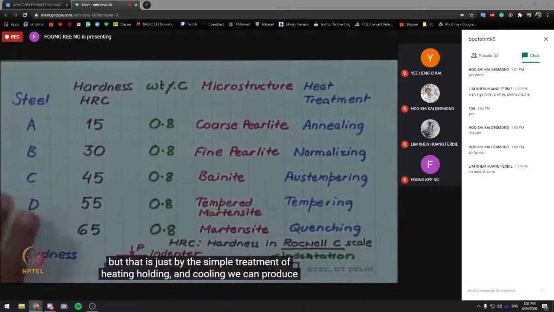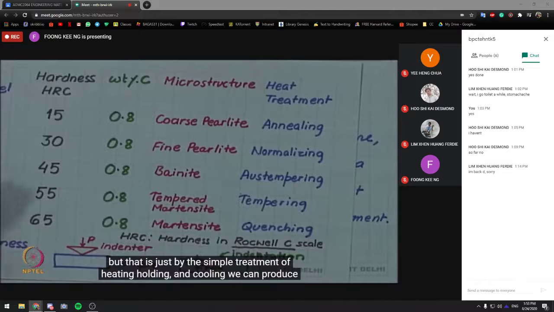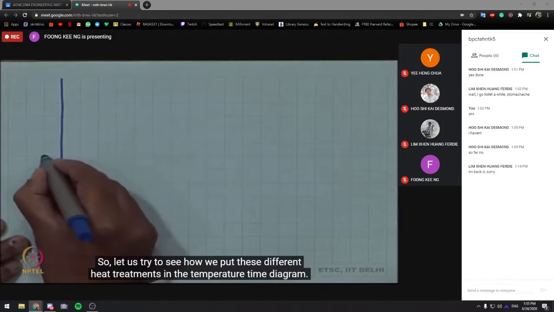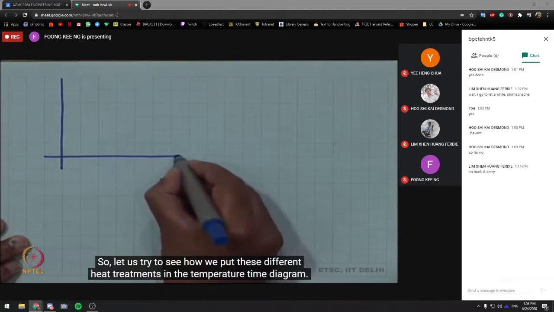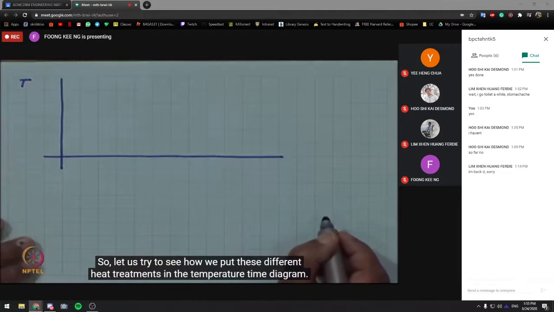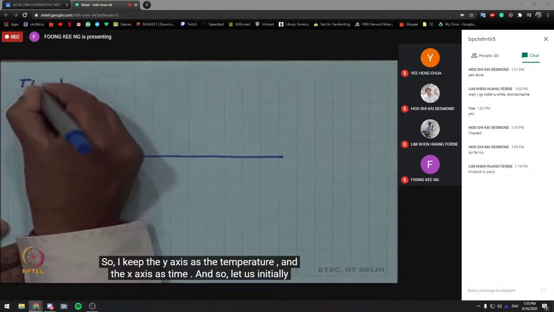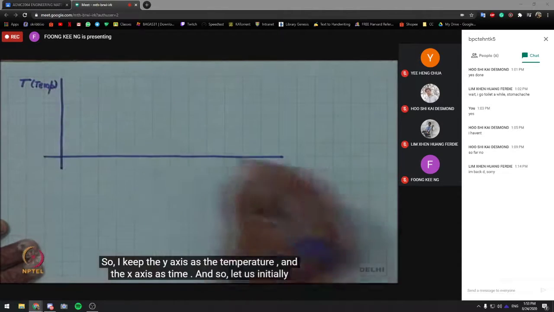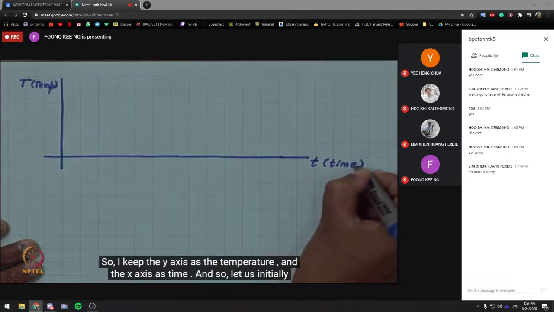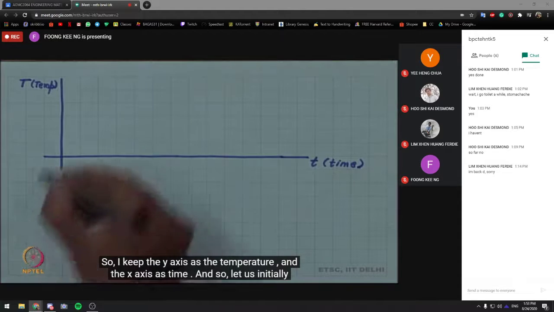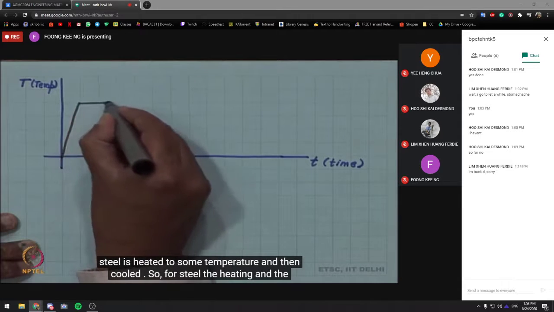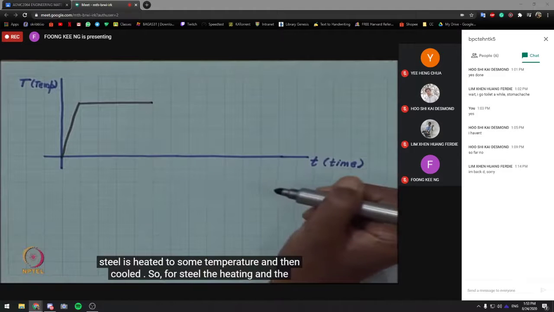So you can see, thus just by the simple treatment of heating, holding, and cooling, we can produce different microstructures and different properties. Let us try to see how we put these different heat treatments in the temperature time diagram. So I keep the y-axis as the temperature, the x-axis as time. And so let us initially, steel is heated to some temperature and then cooled.